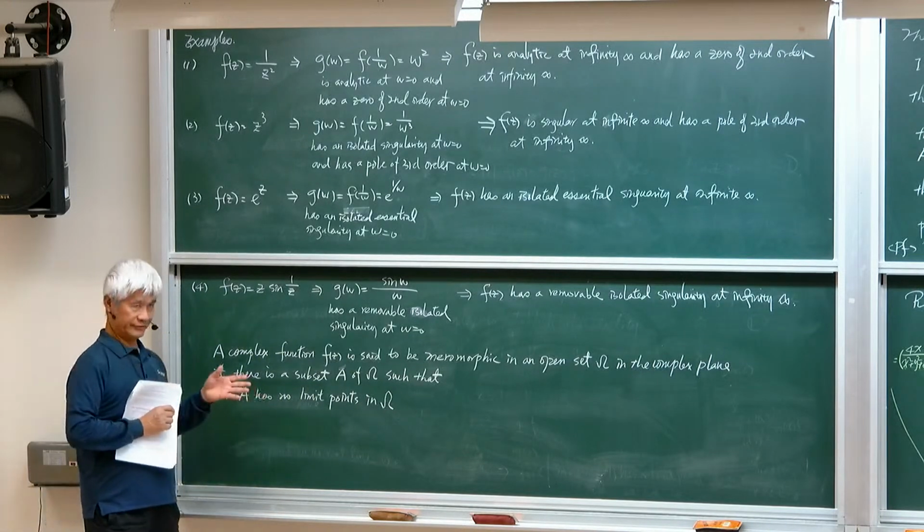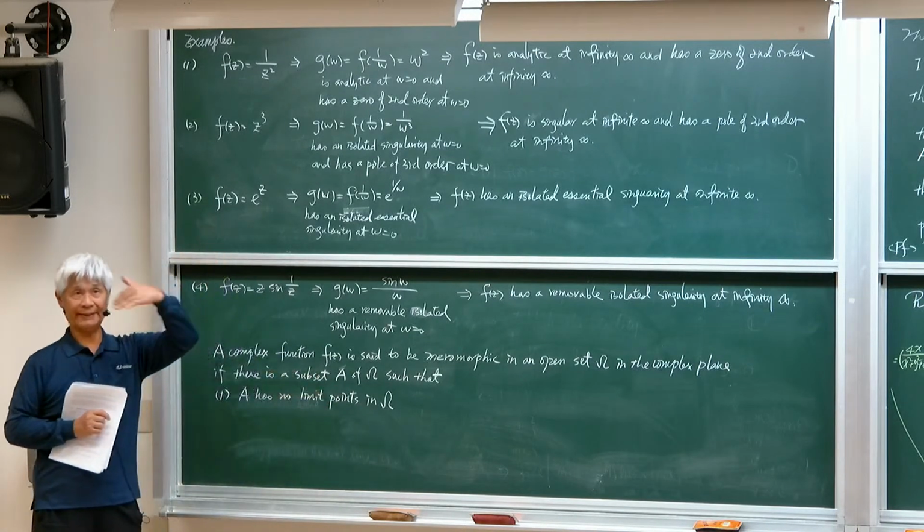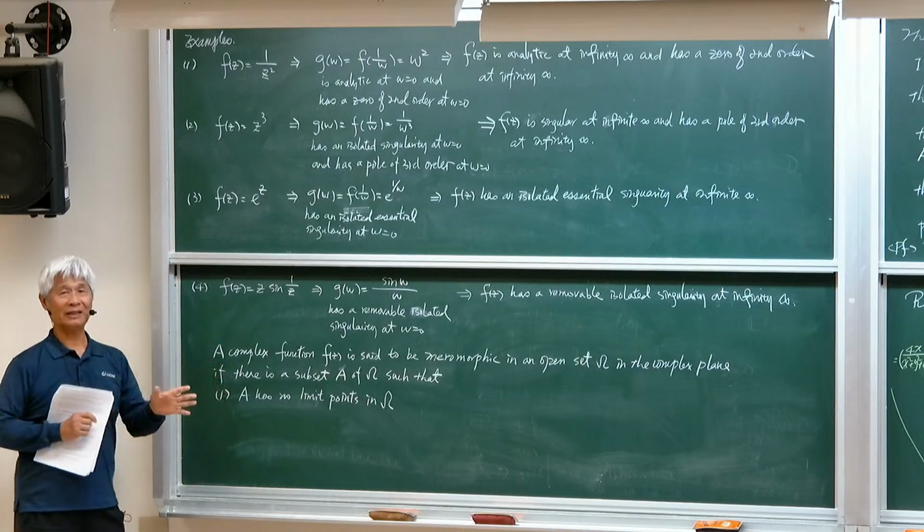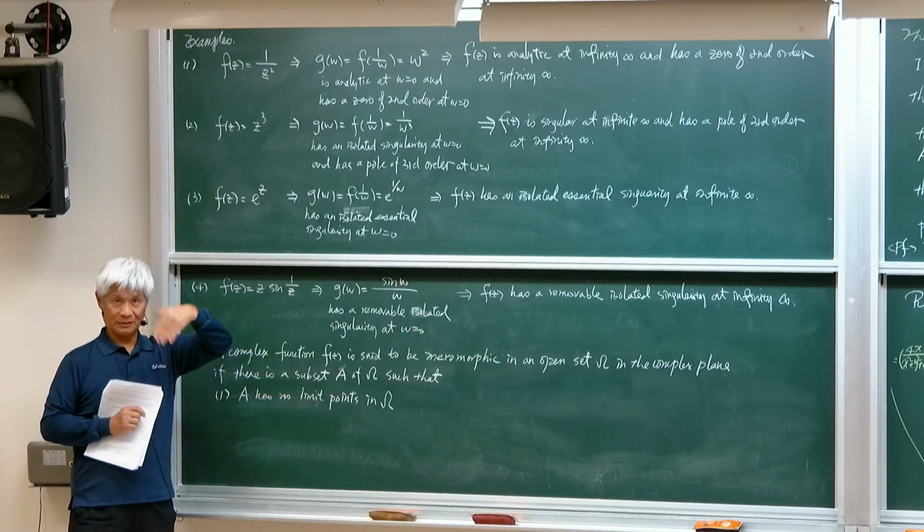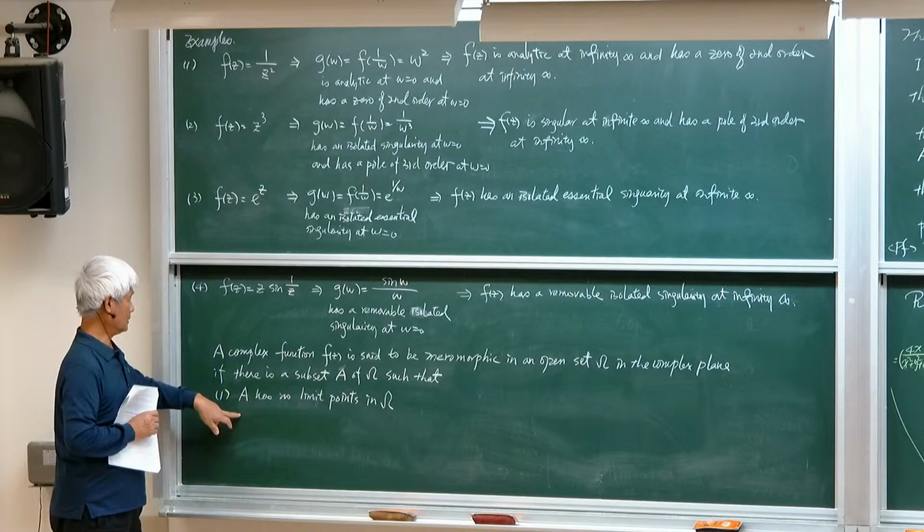But A may have limit points outside omega, okay? We just require A has no limit point in omega, right?